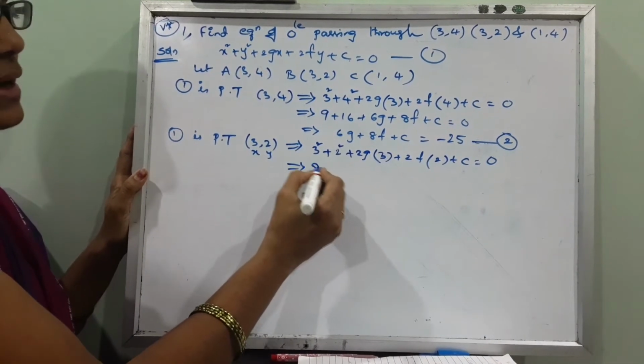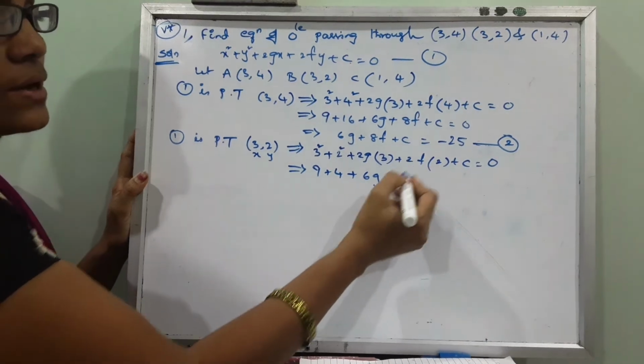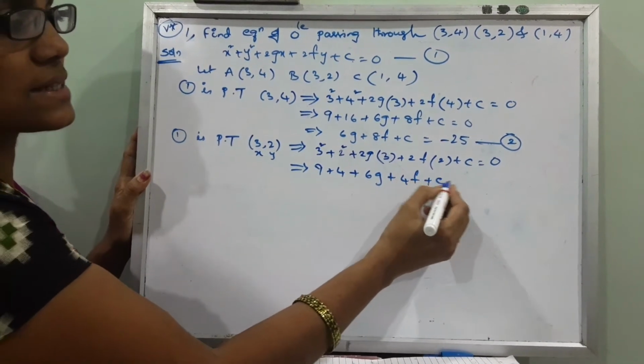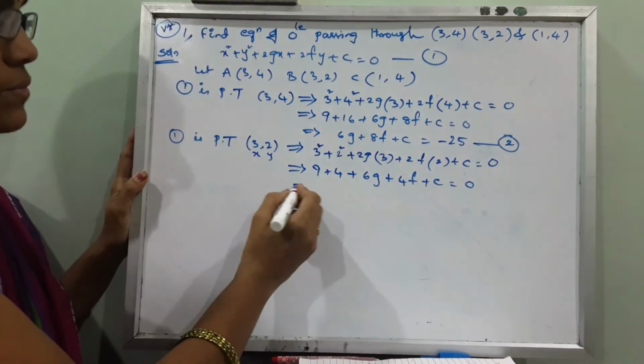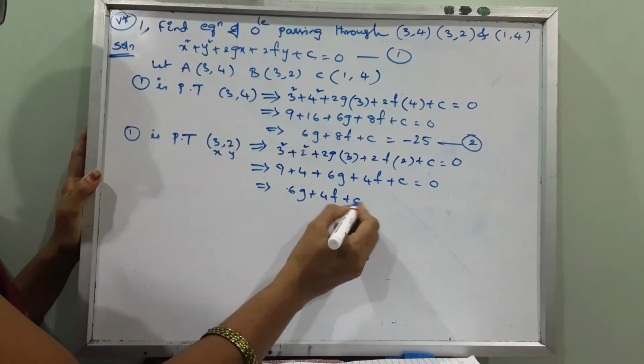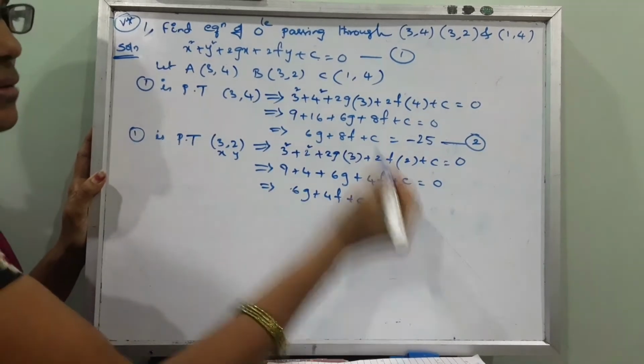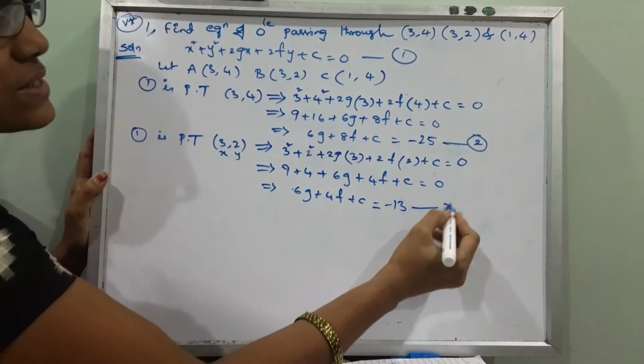This implies 3 square is 9, 2 square is 4, 2 into 3 is 6g, 4f plus c is equal to 0. This implies 6g plus 4f plus c is equal to minus 13, since 9 plus 4 is 13. Equation 3.